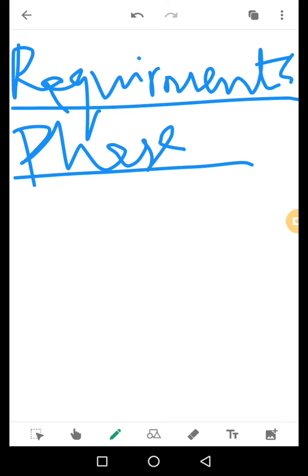So that's just it. Then let's have a look at tools used in requirement elicitation. We have some tools, that is, some instruments used to obtain requirements. Are you getting it now?